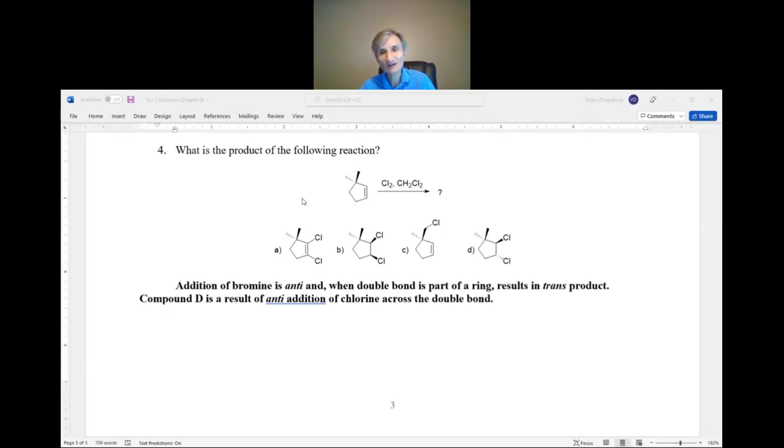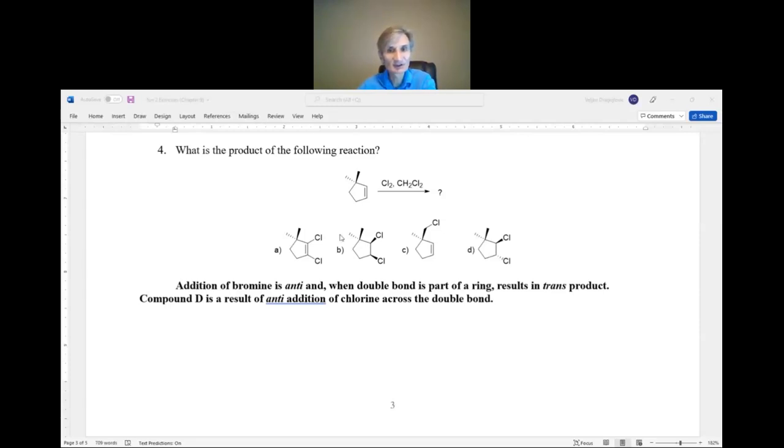So don't confuse cis trans with syn anti. Syn anti is mode of addition, and so if you're asked about mode of addition, those are correct terms, syn and anti. Cis and trans apply to products. So in this case, it's going to be anti-addition, but anti-addition gives trans product. So it's going to be trans dichloro compound.